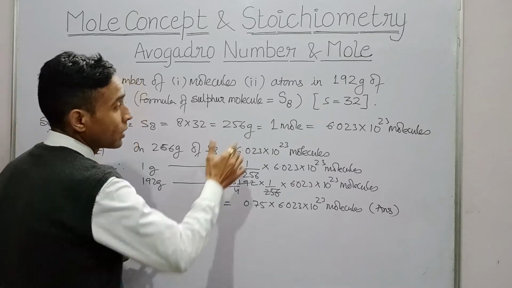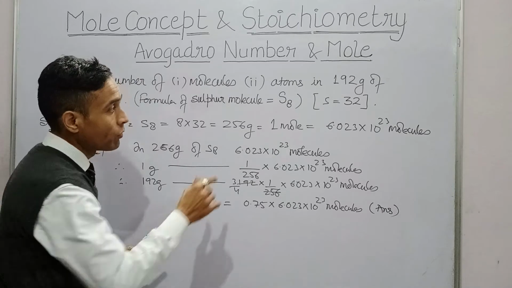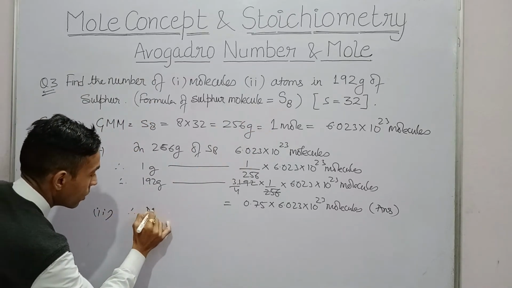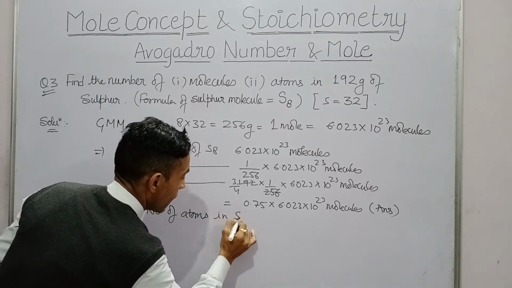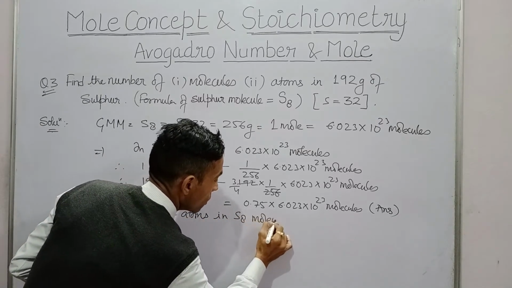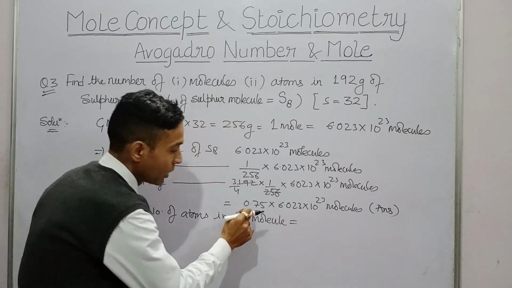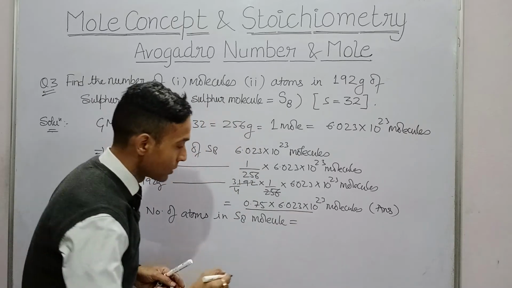Now we have to find out the number of atoms. So in this molecule we have 8 atoms of sulfur. Therefore the number of atoms in S8 molecule will be, we will multiply 8 with this above number and this will give us our answer.